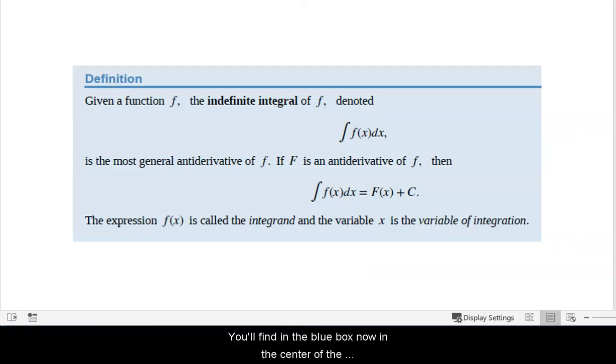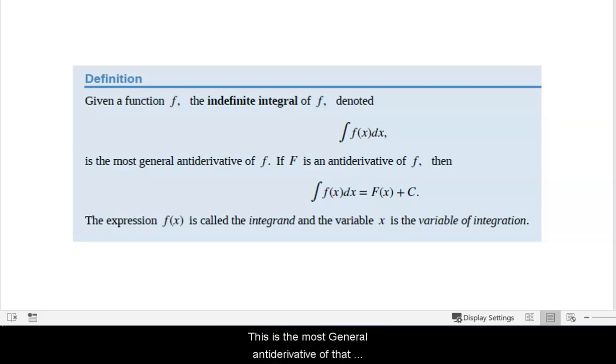You'll find in the blue box now in the center of the screen the formal definition. For a given function, lowercase letter f, the indefinite integral of lowercase letter f is denoted with the integral symbol, the function lowercase letter f of x as the integrand, followed by the differential dx.